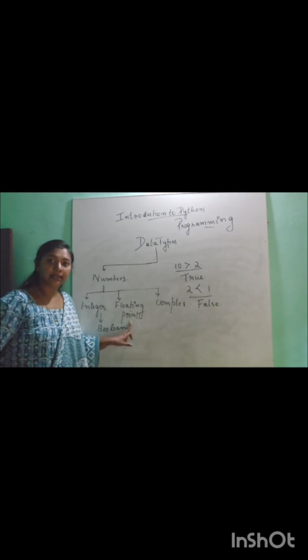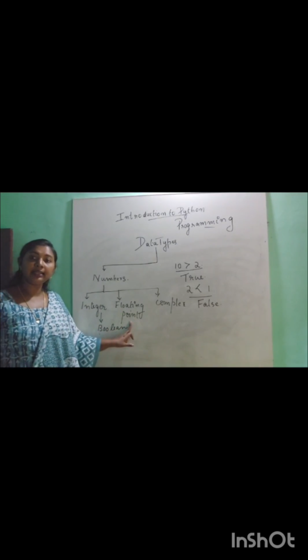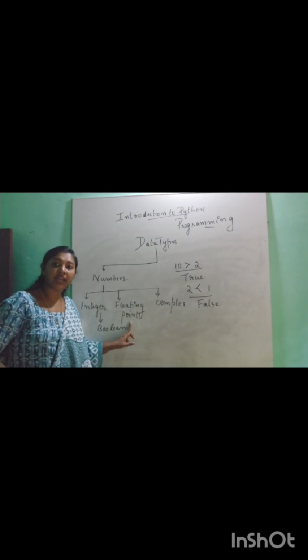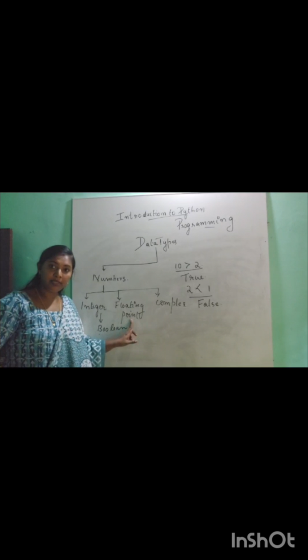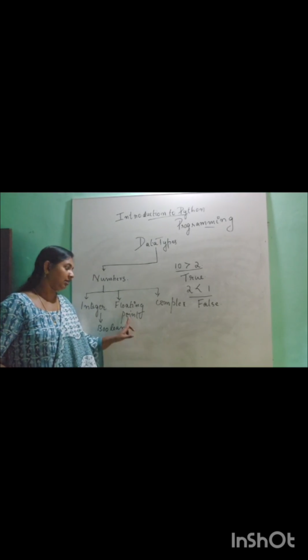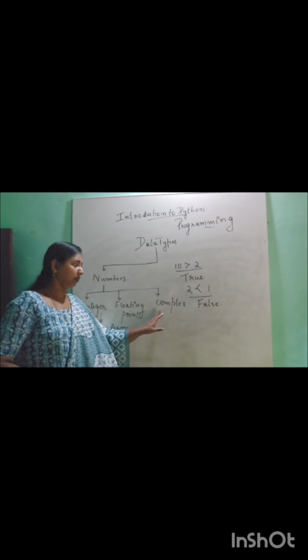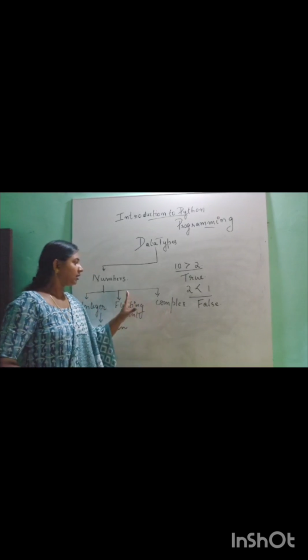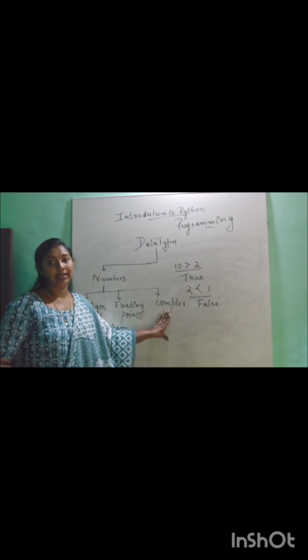Next, moving on to floating point data types. Floating point data types contain decimal values or fractional parts, that is, real numbers that contain a fractional part. Then come the complex data types.